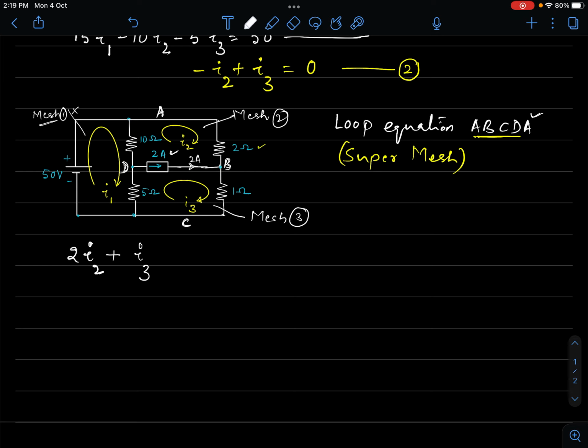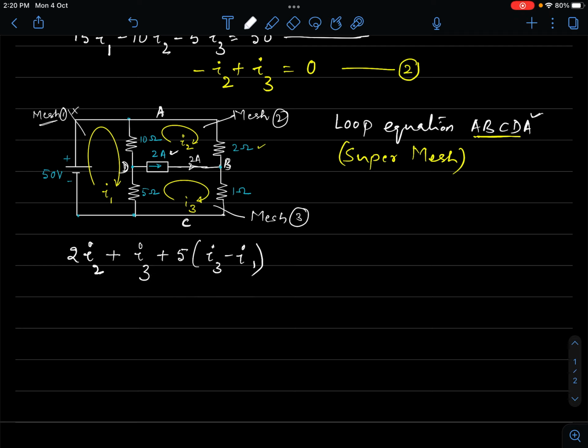Now I go from C to D. I am going in the direction of I3 current, and it is going to produce a potential difference of 5 into I3 minus I1. I am going from bottom to top, and my current I3 is also flowing from bottom to top, that is C to D. So I take that current as greater.